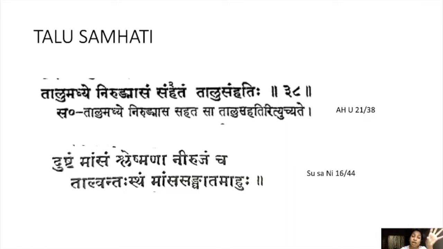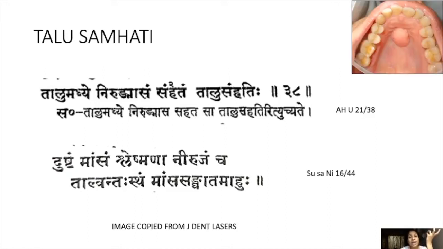Mamsa Sankhatam, the vitiated mamsa will be forming, and it is nirujam, there won't be any pain. That type of mamsa is known as talu samhati, and the talu samhati can be compared with adenoma or fibroma of palate.